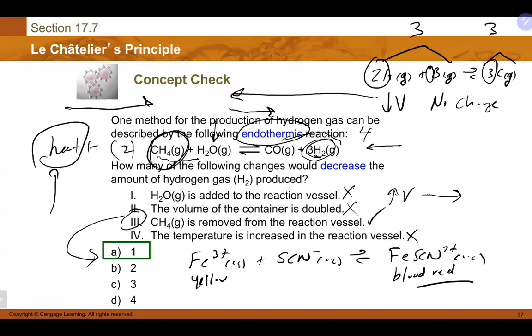So let's say I increase the temperature, basically put all my test tubes in a hot water bath, and it turned yellow. Then I put all my test tubes in an ice bath, kind of lowered the temperature. It turned red. Is this reaction exothermic or endothermic?